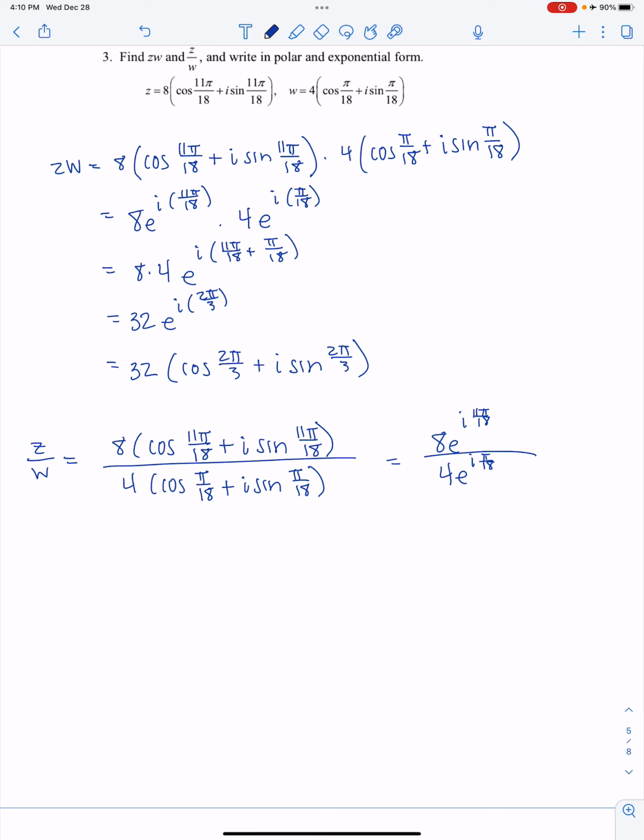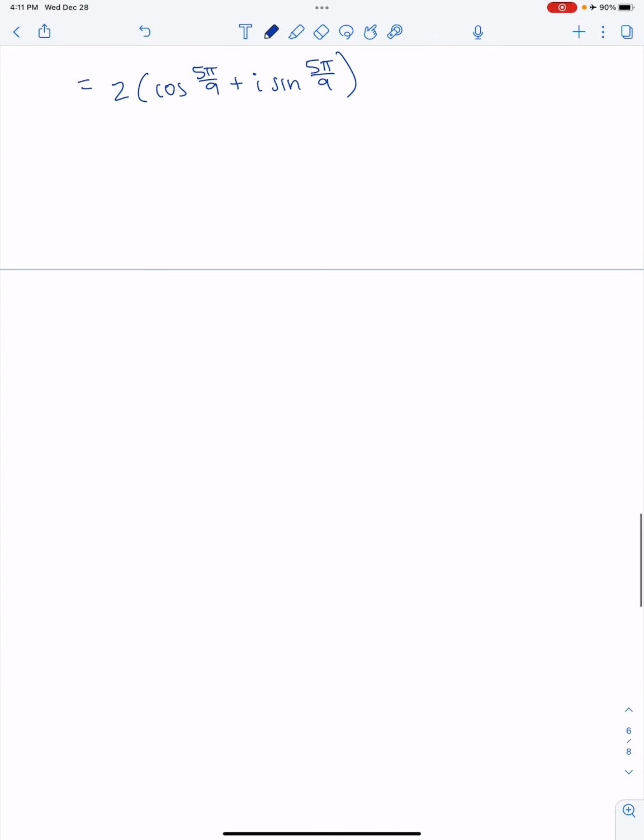And we can use our exponential properties. So we have 2e to the i times 11 pi over 18 minus pi over 18. That gives us 10 over 18, so we have 5 pi over 9. This will give us 2 times cosine 5 pi over 9 plus i sine 5 pi over 9. Okay, that's our quotient.